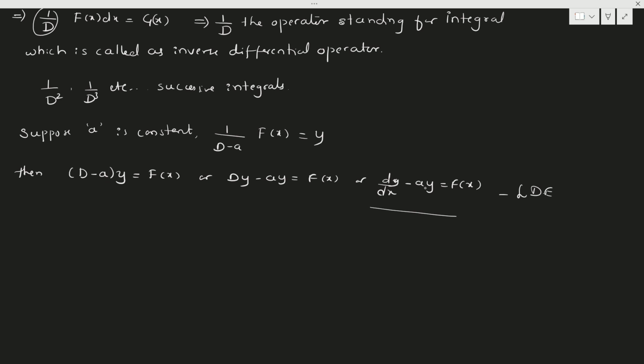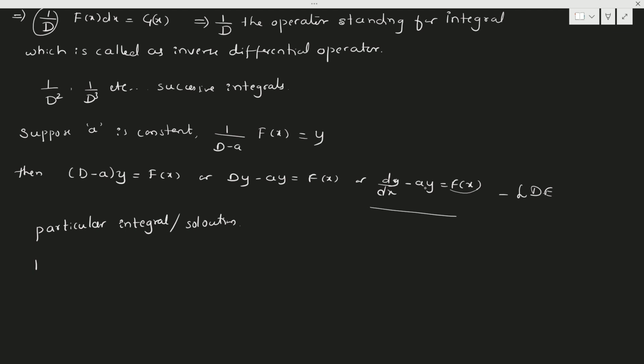The solution of this linear differential equation is called what? The particular solution, because this linear differential equation is in non-homogeneous form, since on the right-hand side we have some f of x. The solution of this non-homogeneous equation is called the particular integral, or particular solution.